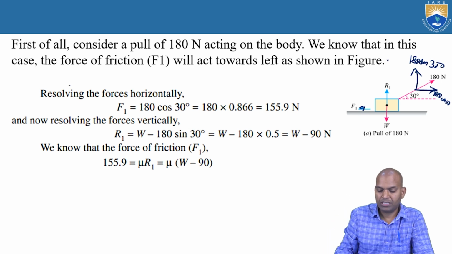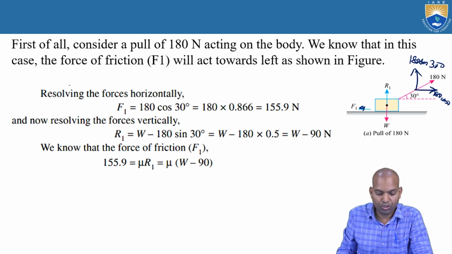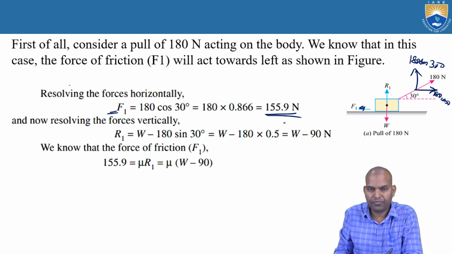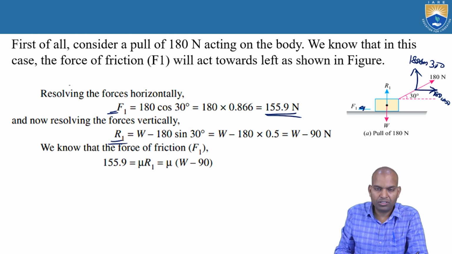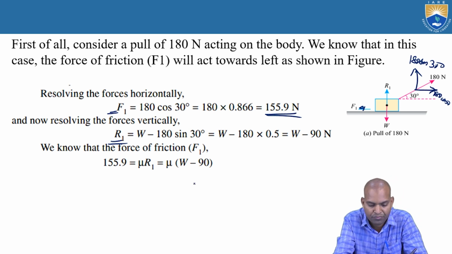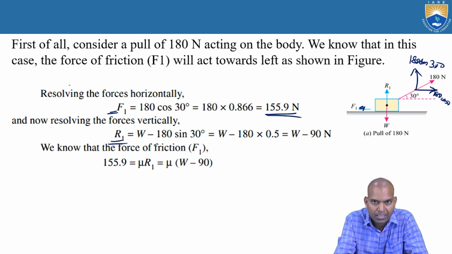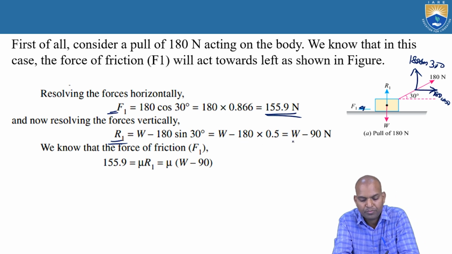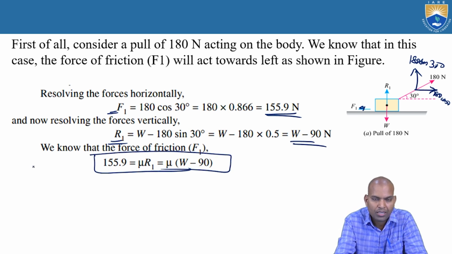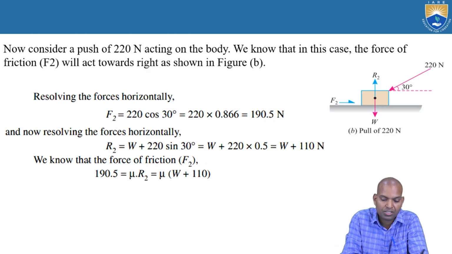F1 is acting opposite to the direction of motion, that is F1 equal to 180 times cos 30, that is 155.9 newtons. R1 is the normal reaction. From vertical equilibrium, R1 equals W minus 180 times sin 30, that is W minus 90. So 155.9 equals mu times R1, where R1 equals W minus 90. That is equation 1.